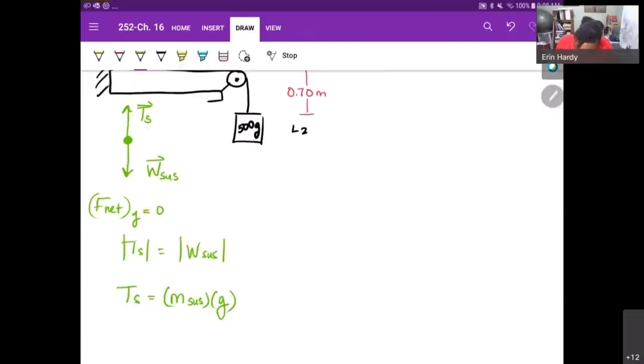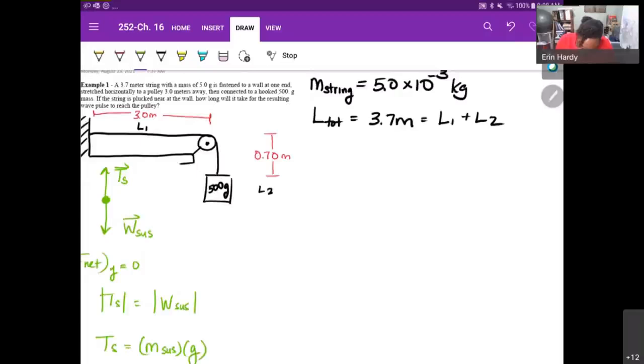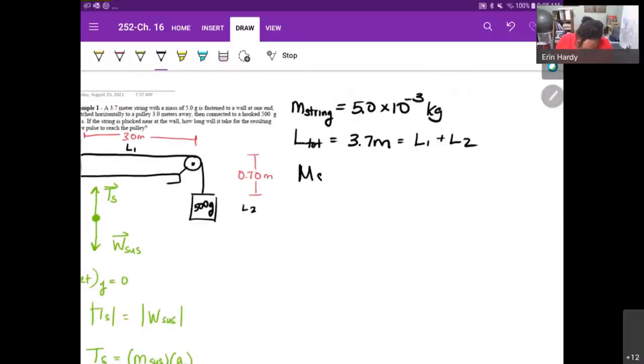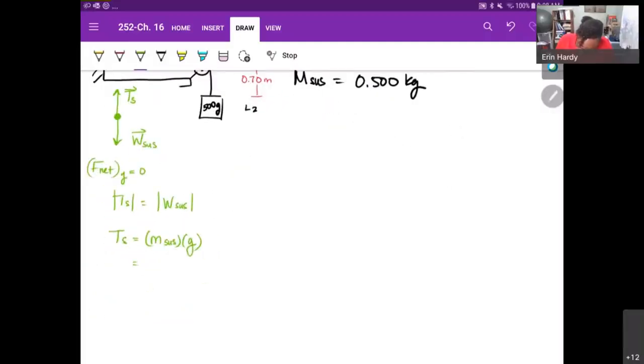We've got a 500 gram mass, so M suspended is going to be 0.500 kilograms. We're going to use the 3 sig fig version of free fall acceleration, so 9.80 meters per second squared.